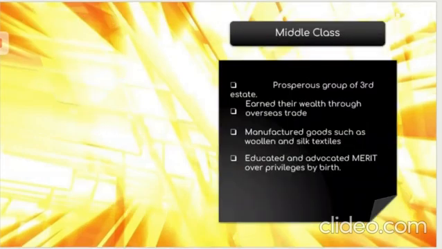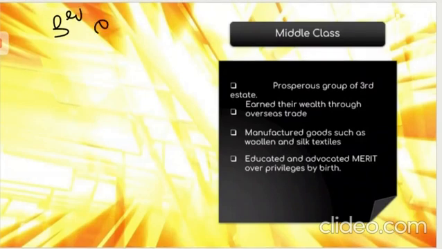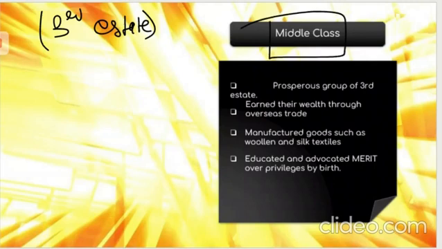Now, the middle class. After this, what happened is that there were people added in the third estate, known as the middle class. In the 18th century, there was an emergence of social groups named the middle class, and in the third estate, they were the prosperous group. Merchants and manufacturers who earned wealth through overseas trade and goods manufacturing were included in this middle class group.